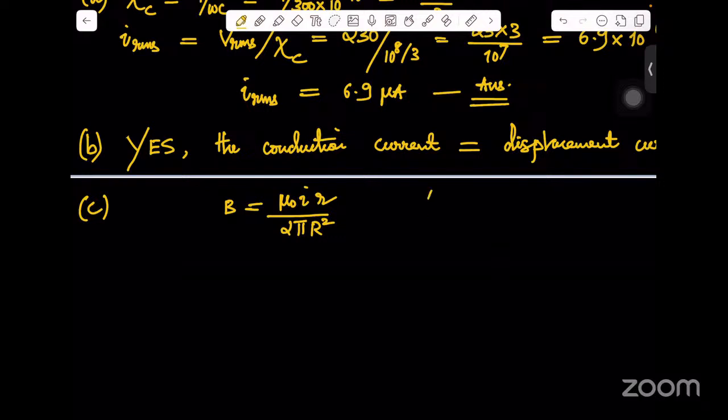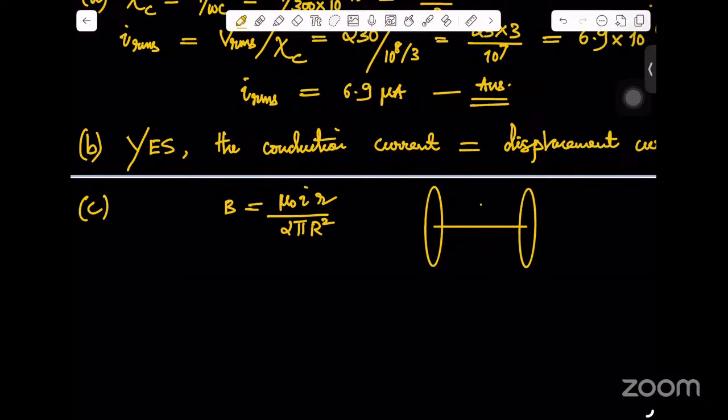Like this is the capacitor, and this is the axis of the parallel plate capacitor.